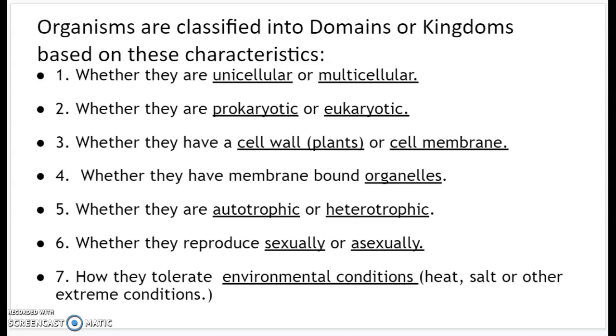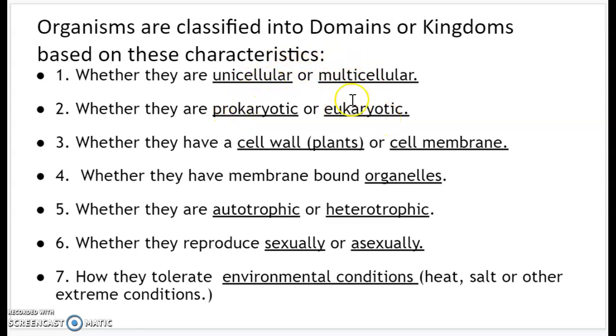Organisms are classified into domains or kingdoms based on these characteristics. So we ask these questions about an organism. The first one, whether they are unicellular or multicellular. Is it a one-cell organism or an organism with lots of cells? Whether they are prokaryotic or eukaryotic.